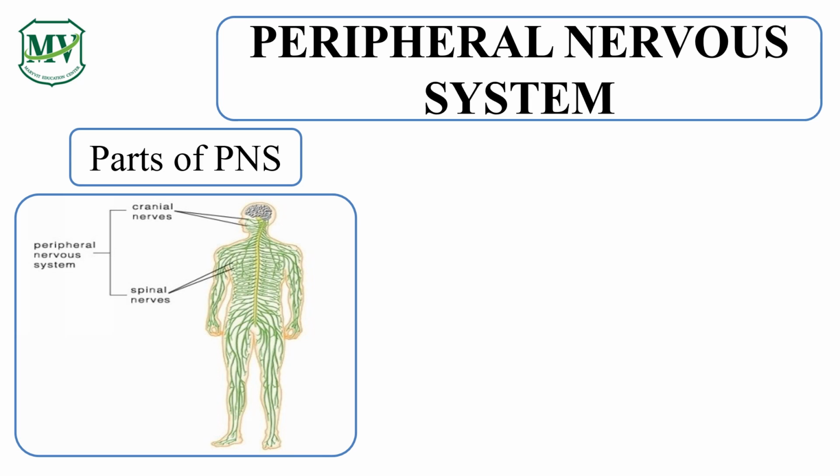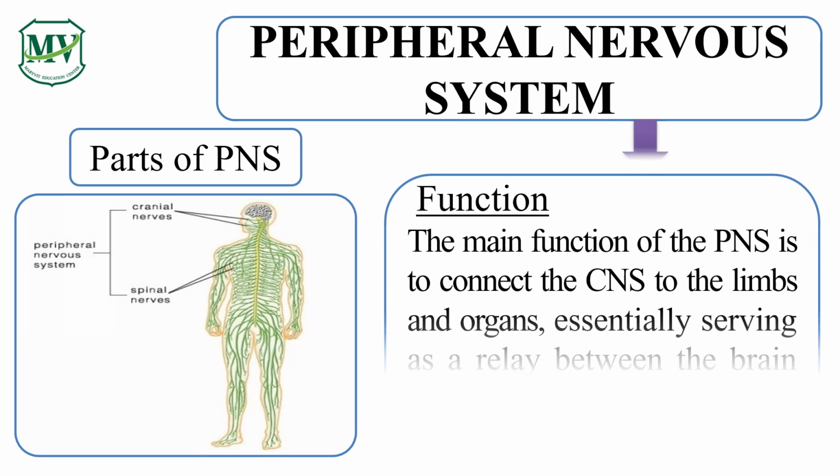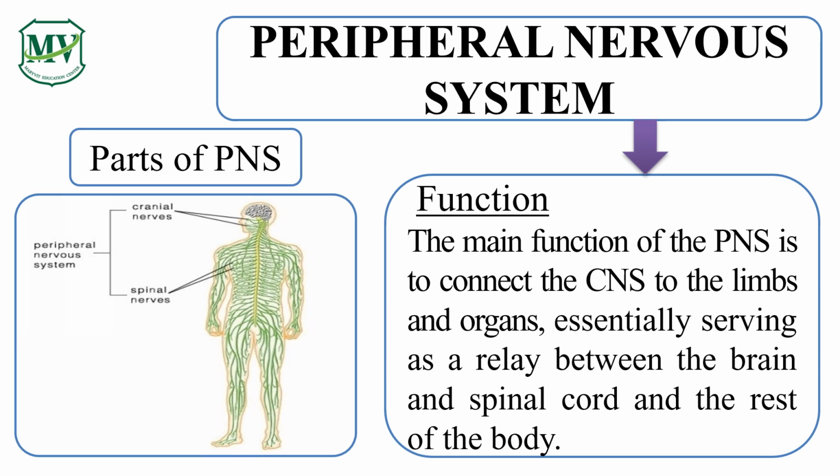The two main parts of the PNS are the cranial and spinal nerves. Do you know the functions of the PNS? The function of the PNS is to connect the CNS to the limbs and the organs, essentially serving as a relay between the brain and the spinal cord and the rest of the body.